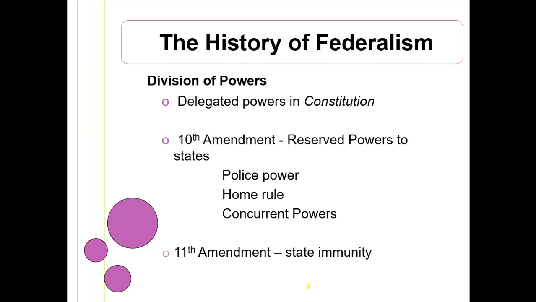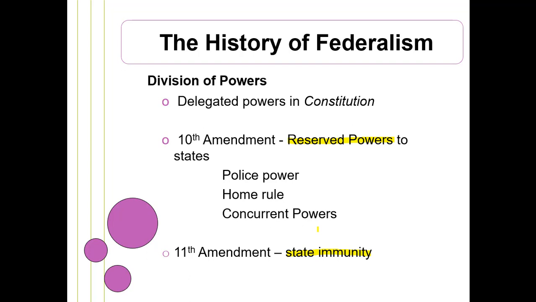So we've talked about these delegated powers in the Constitution. We've talked about the 10th Amendment with the reserved powers broken up into three categories here. Very early on, within about a decade, Congress passed the 11th Amendment, which also gave states immunity from being sued, particularly by somebody from another country or by another state.